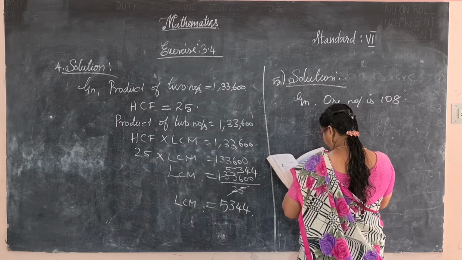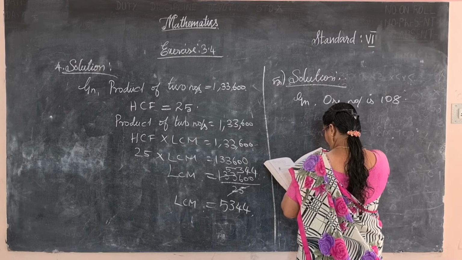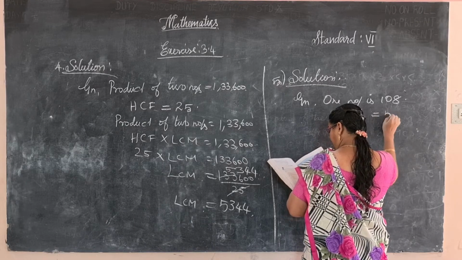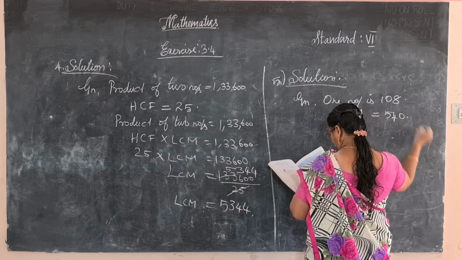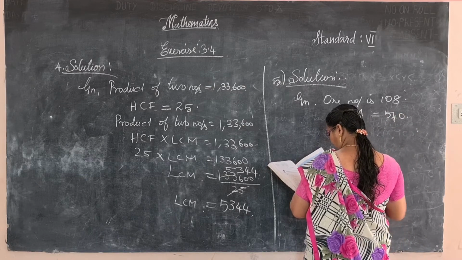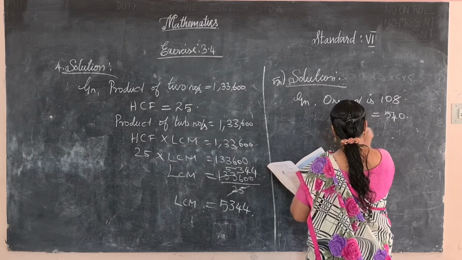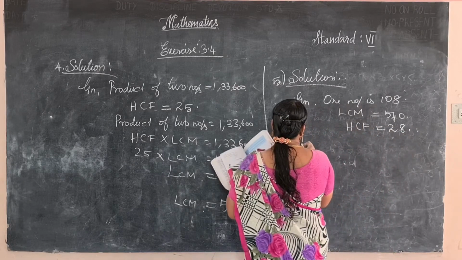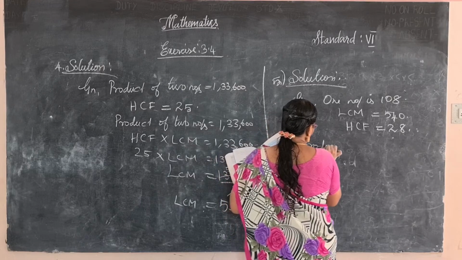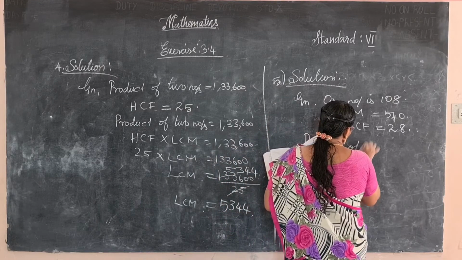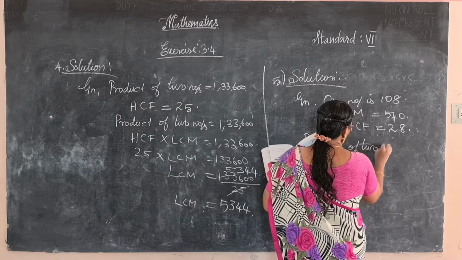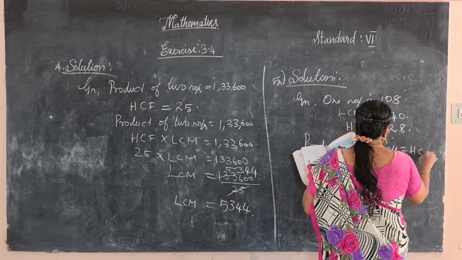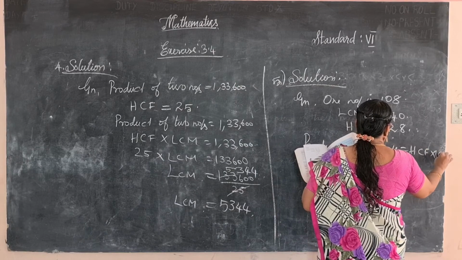Okay, and then LCM equal to 540. HCF is 28. What is the formula? The product of two numbers is equal to HCF into LCM.